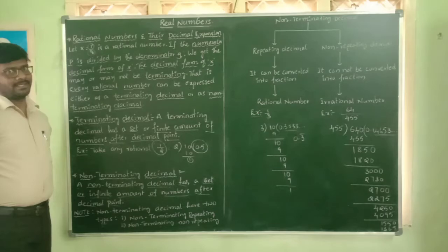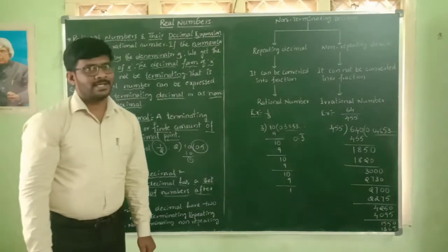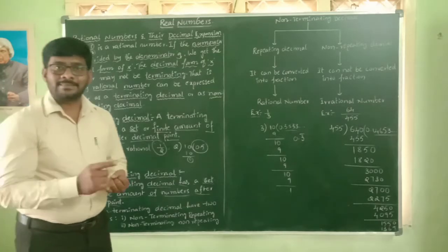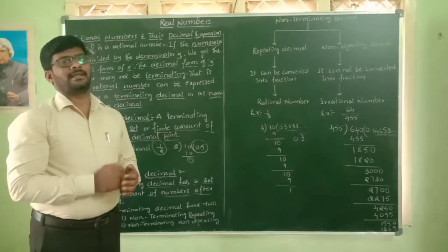This non-terminating decimal has how many types? Two types, namely: one is non-terminating repeating decimal.